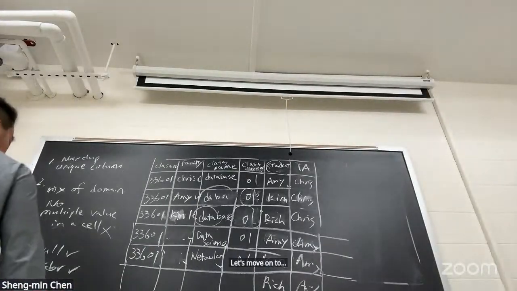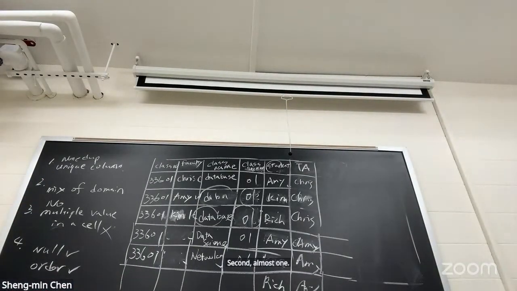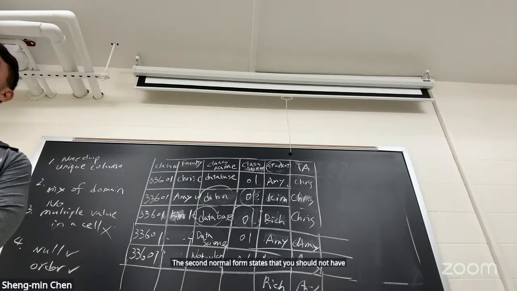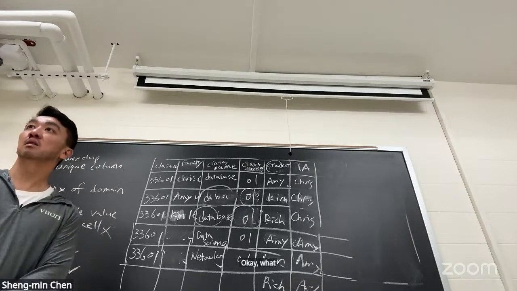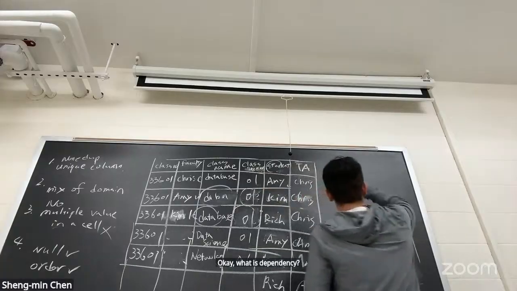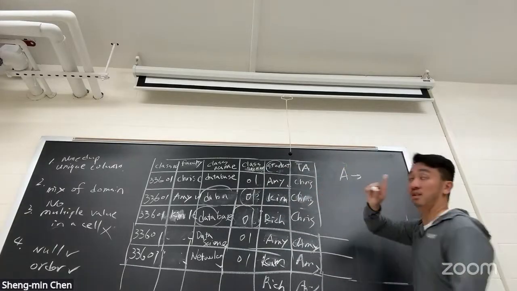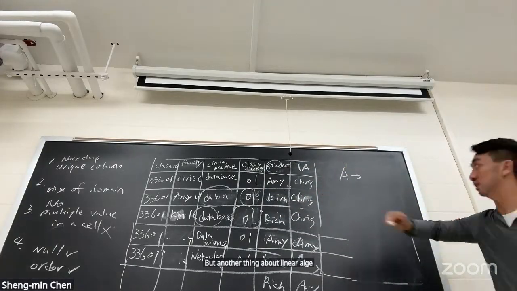second normal form. What does second normal form state? The second normal form states that you should not have partial dependencies. Okay, what is dependency? Another thing about linear algebra that can be used is this.